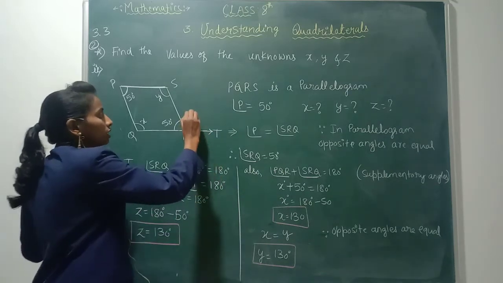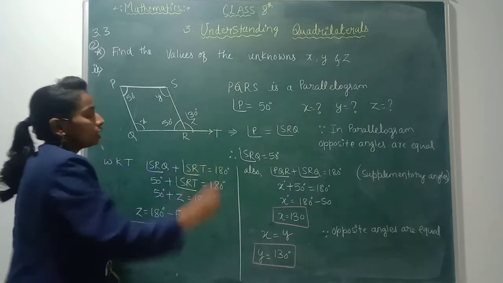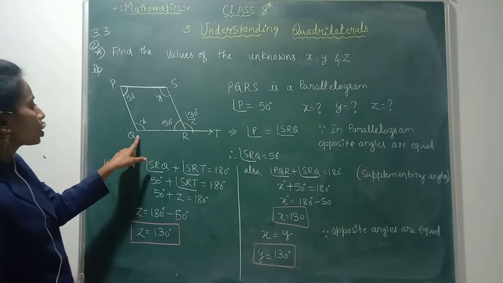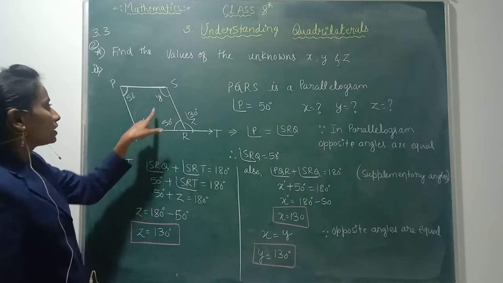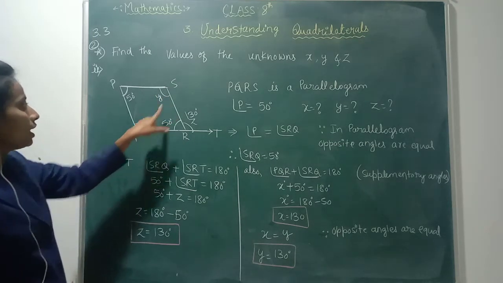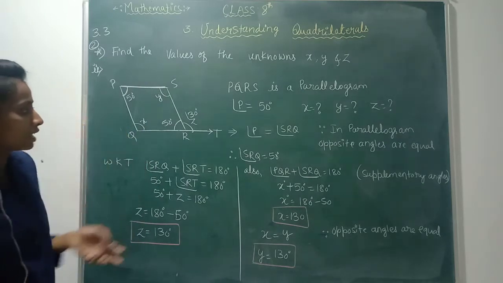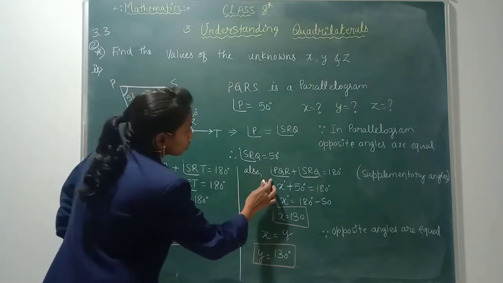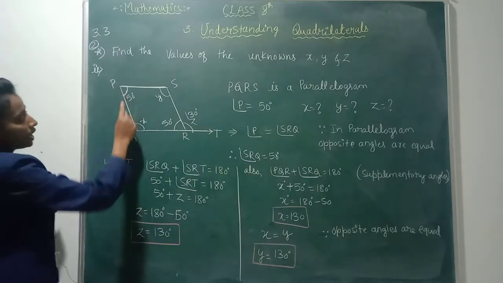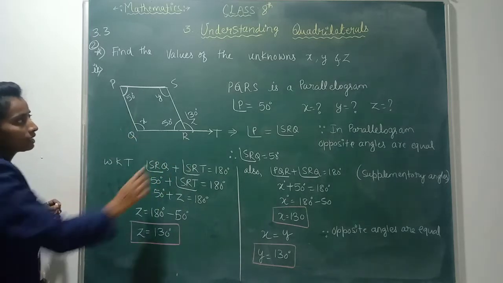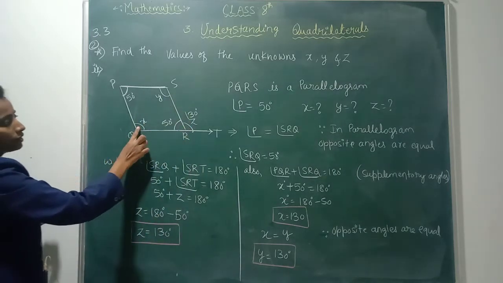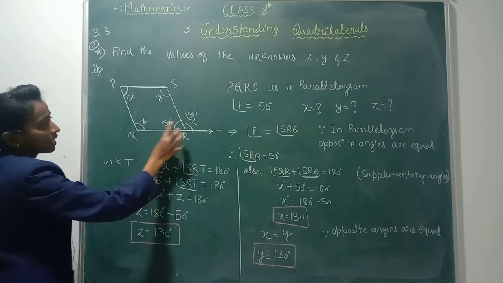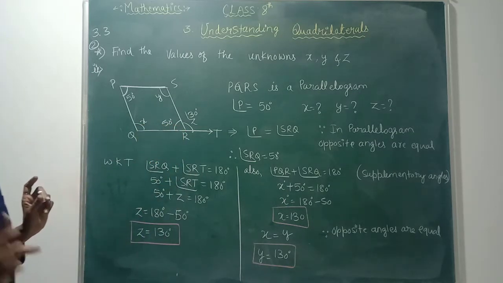Again, we are finding X and Y, that is angle Q and angle S. How are we finding them? We also know that PQR plus SRQ, these 2 angles, are supplementary angles.